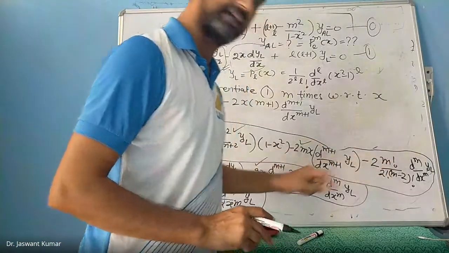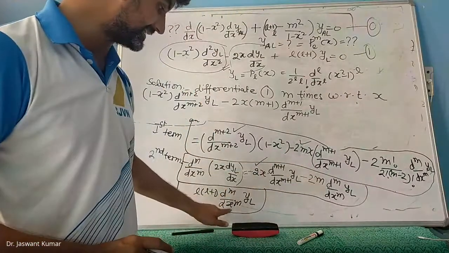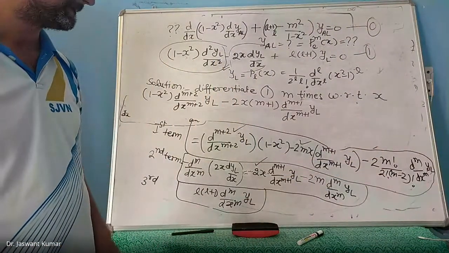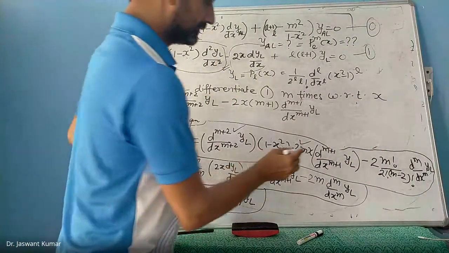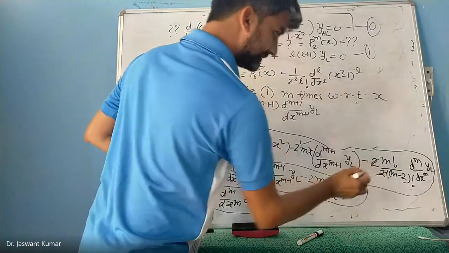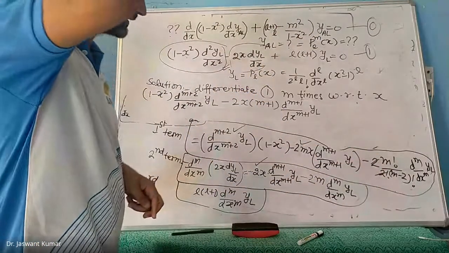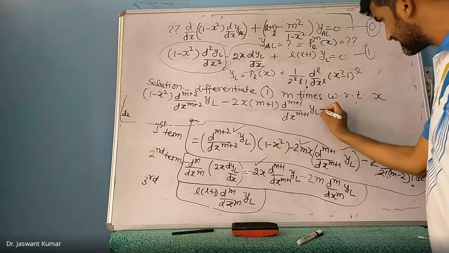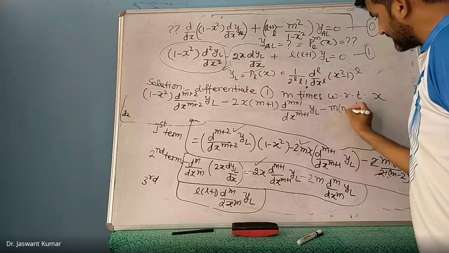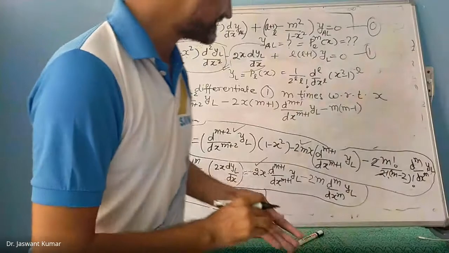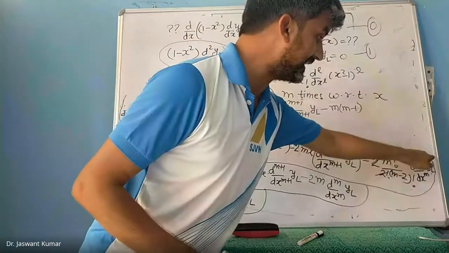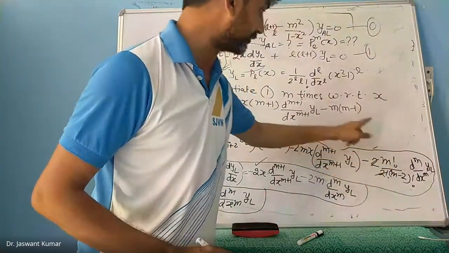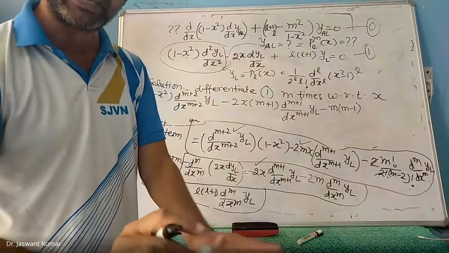Now we go to the third term in this, the second term in this, and the first term in this. Why? Because all of these terms contain the mth derivative of y_l. So this 2 by 2 factorial cancels. m factorial by (m minus 2) factorial, let us write this explicitly. So minus m into (m minus 1). This m into (m minus 1) is the coefficient of d^m by dx^m in this term. m factorial by (m minus 2) factorial is m into (m minus 1). Happy?